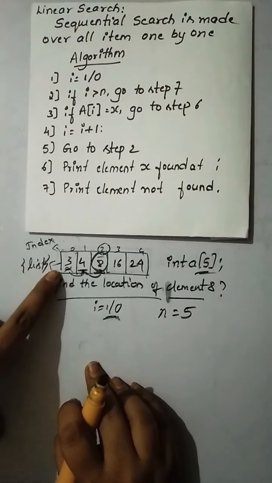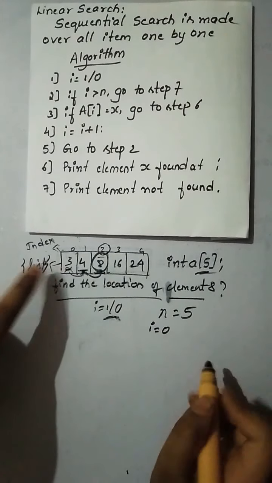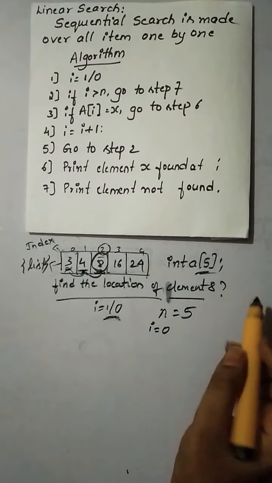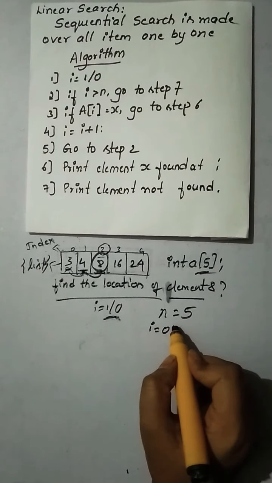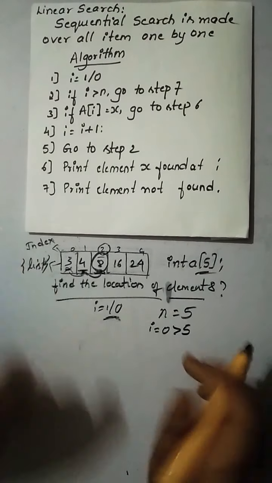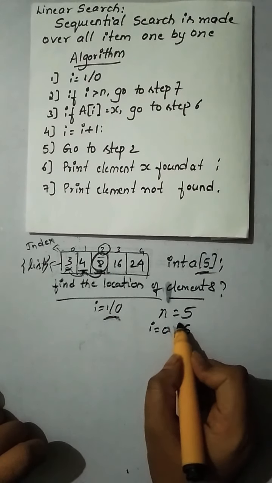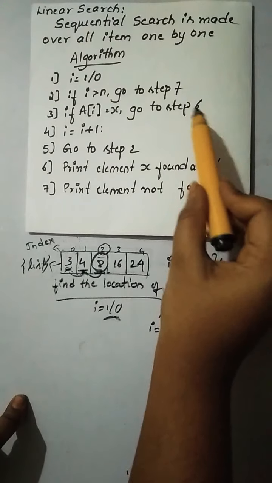First, I is equal to 0. Is I greater than n, that is, 0 greater than 5? No, 0 is less than 5, so we need not go to step 7.